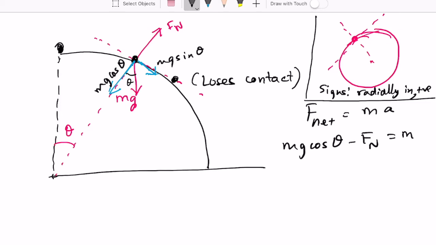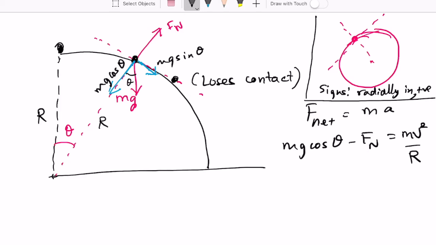And the word centripetal literally means center seeking in Latin. So the centripetal acceleration always points towards the center of the circle, and the formula for that is v squared over r. So this is from chapter 5. The radius of the circle is r in this case. So it's mv squared divided by r.